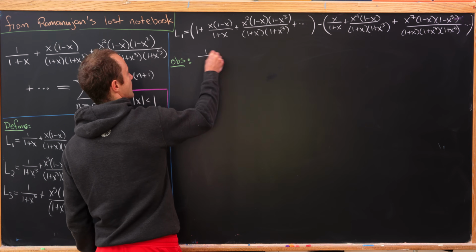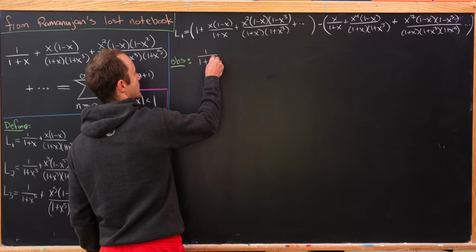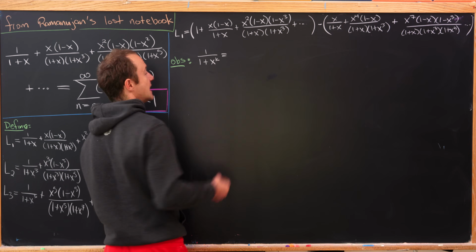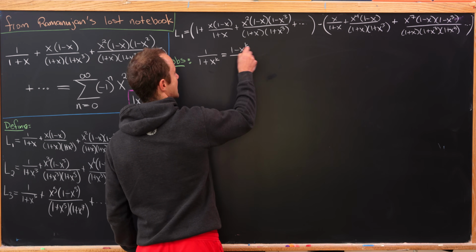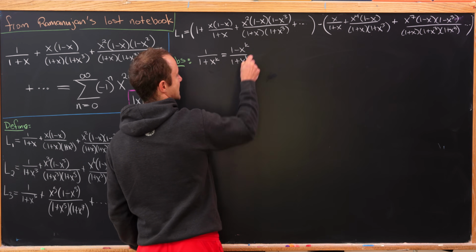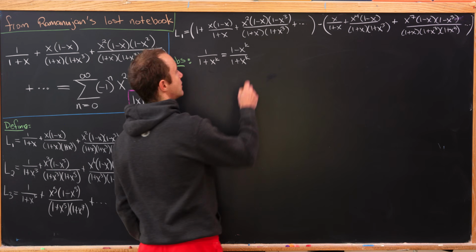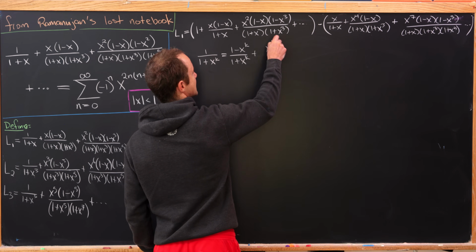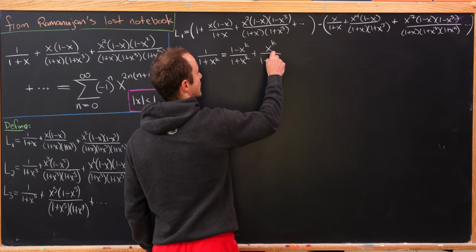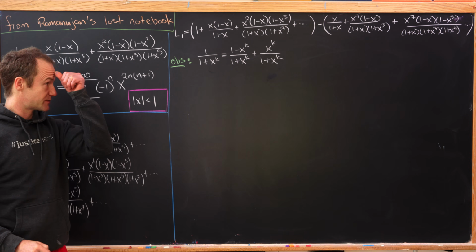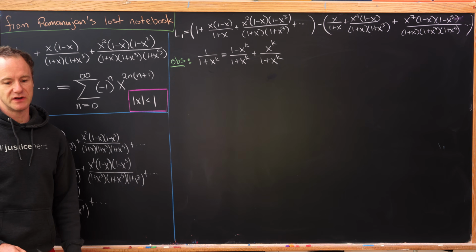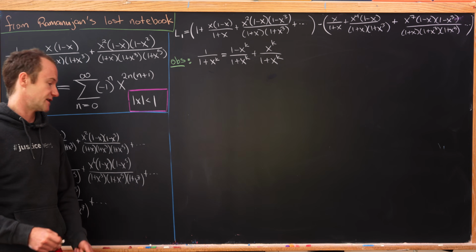And that is, for all values of k, 1 over 1 plus x to the k can be rewritten as 1 minus x to the k over 1 plus x to the k, and then plus x to the k over 1 plus x to the k. So again, I think that's pretty clear. If you push those two together, you'll see that it simplifies.